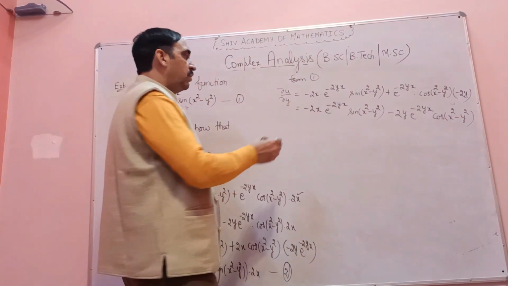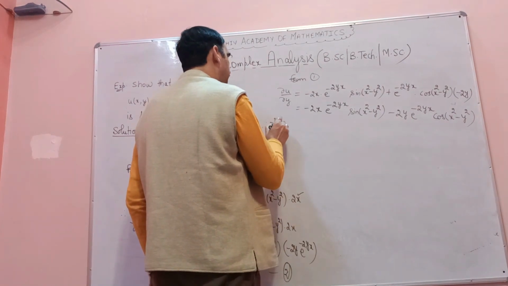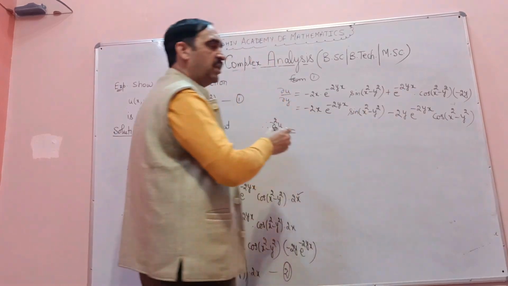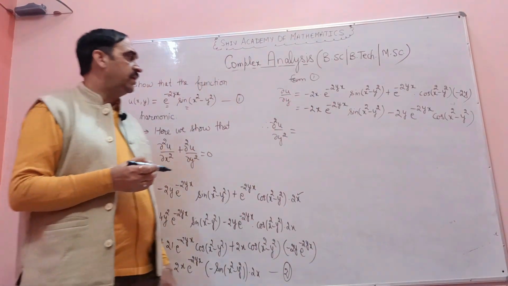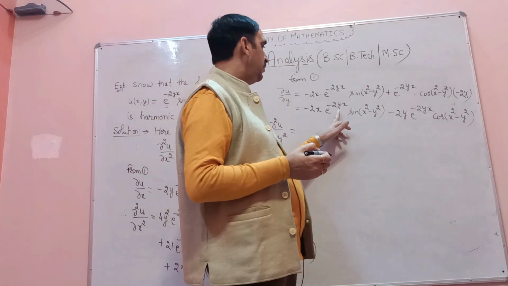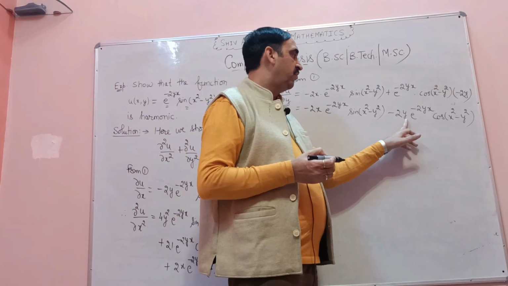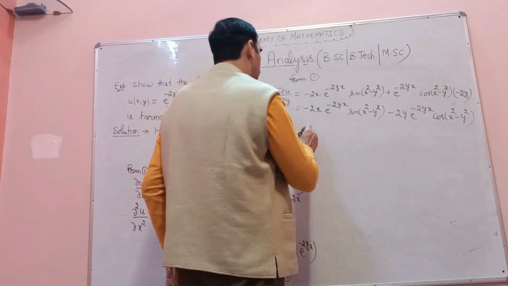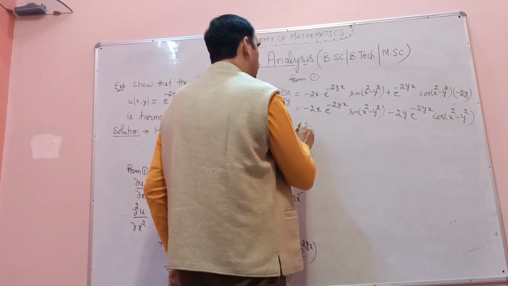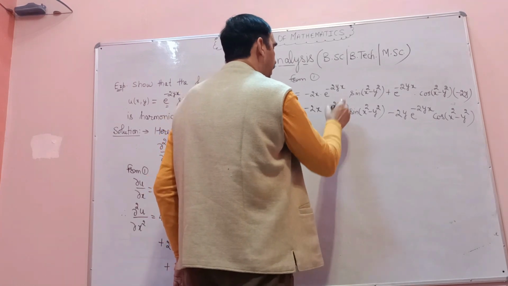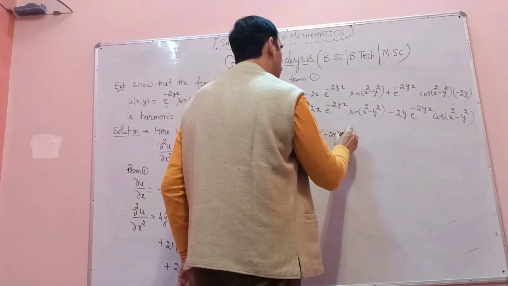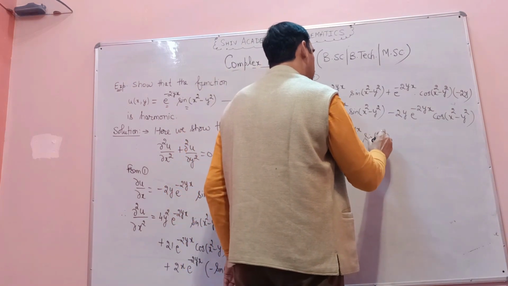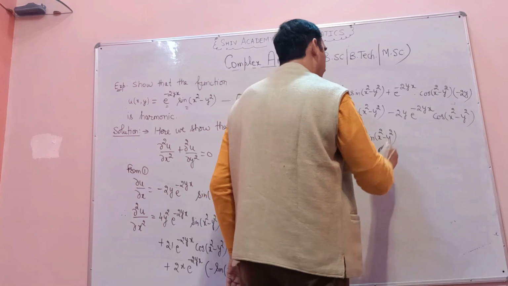So we find out ∂²u/∂y². That means to say we are again differentiating this whole term partially with respect to y. So again look at this. In the first term there are two terms of y. In the second term 1, 2 and 3. Again we apply the product rule for both terms. So this is minus 2x, and from here you again get minus 2x e to the power minus 2yx, and this one as it is sine of x square minus y square.